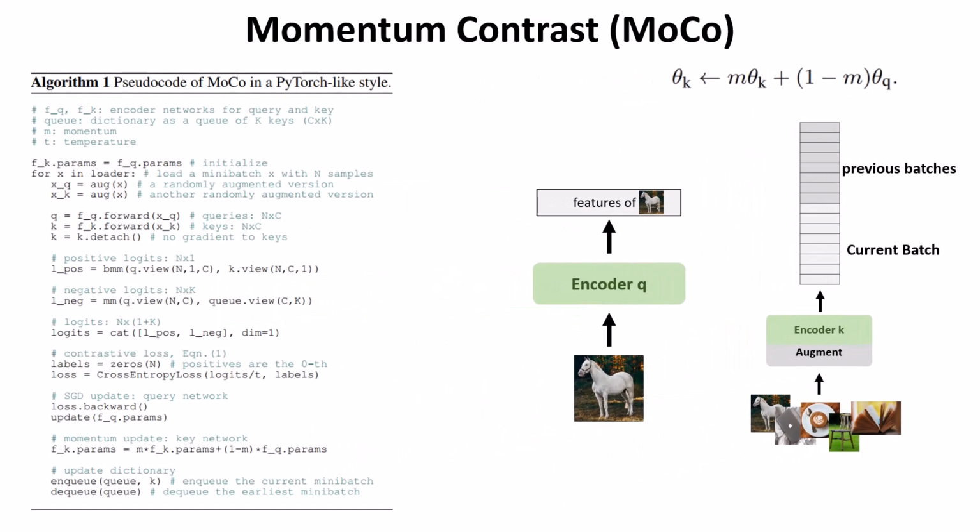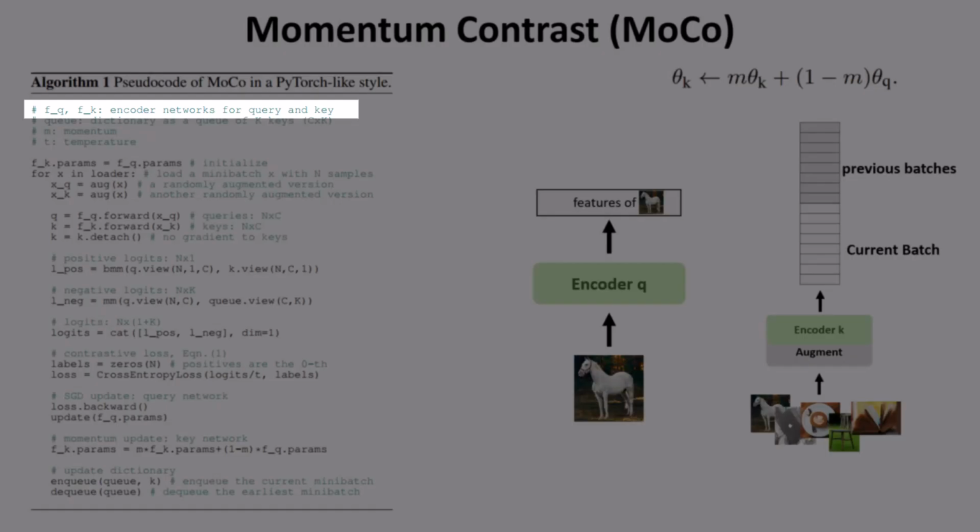And now let's just see the pseudocode of MoCo in a PyTorch-like style just to make it more comprehensible. So we have f_q and f_k, which are our encoders for the query and key. And we also have a queue, and it is defined as a dictionary as a queue of K keys.